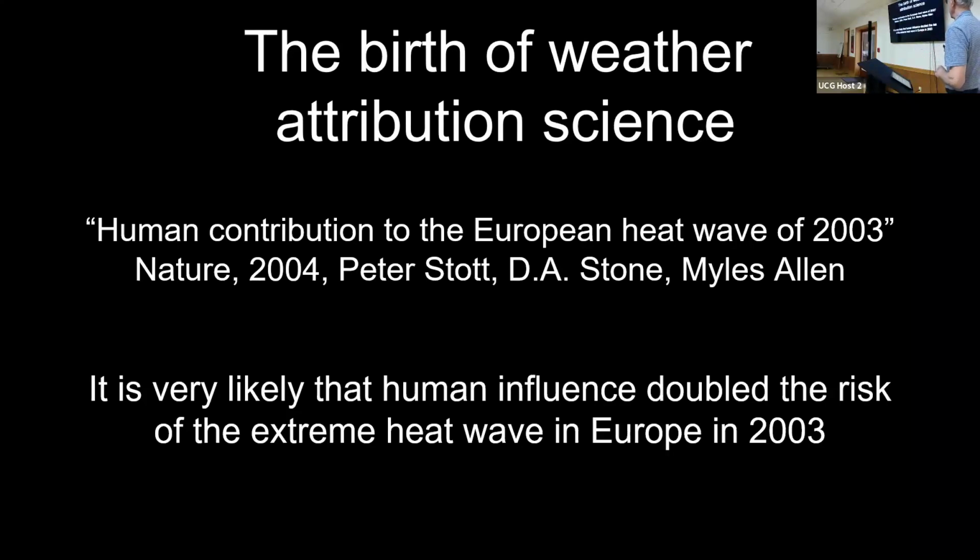And they said that it is very likely that human influence doubled the risk of the extreme heat wave in Europe in 2003. So this is where collecting a lot of information over a long period of time and throwing it into the computers and analyzing it gave them the confidence to make that statement.